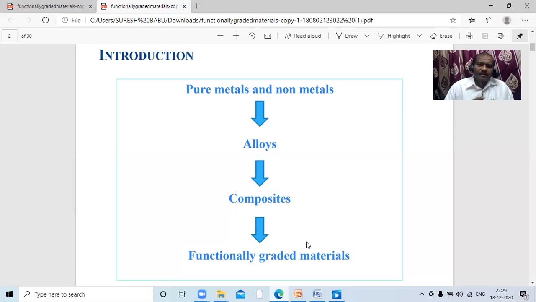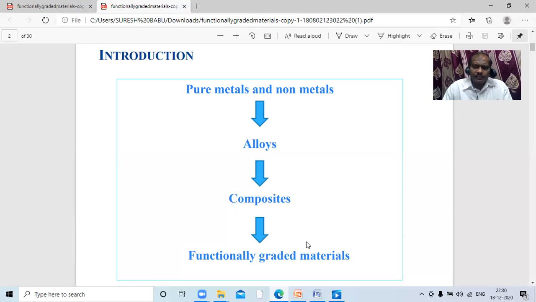Try to understand here. I am giving an introduction to functionally graded materials. If you observe the screen, it shows pure metals and non-metals, then alloys, then from alloys, composites, and from composites, functionally graded materials. What this shows is that, step by step, day by day, the needs of industry and the desires of domestic applications are very specific.